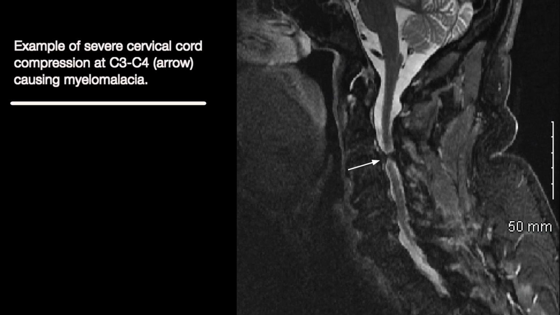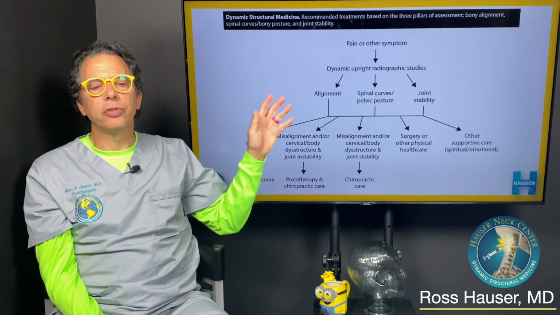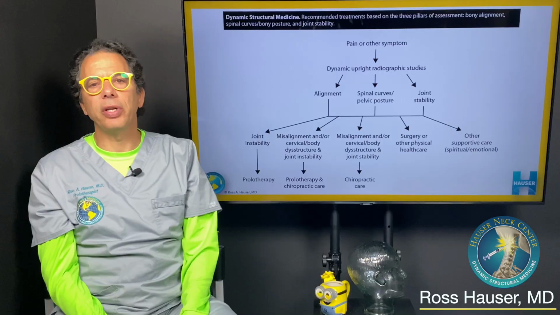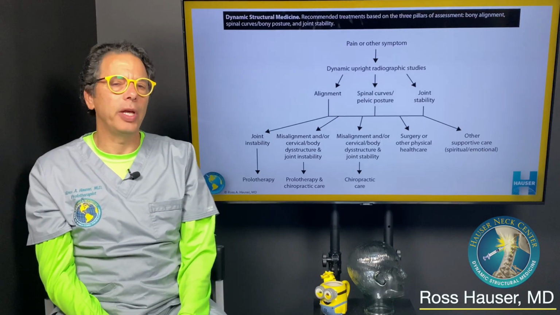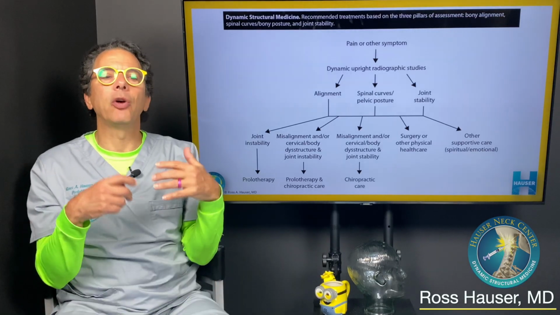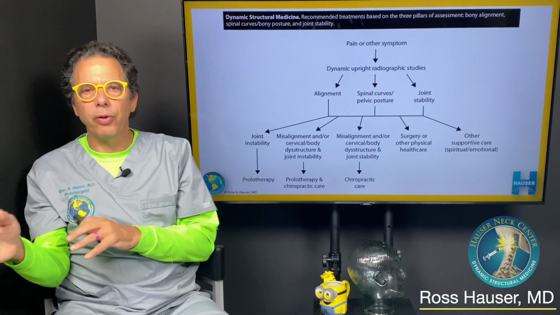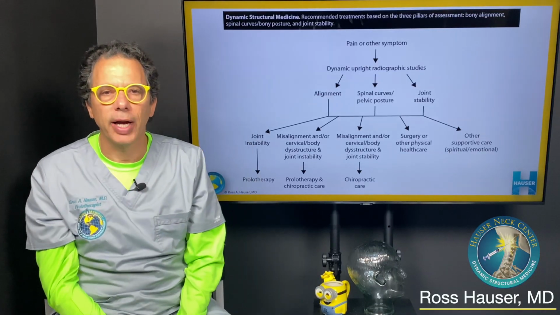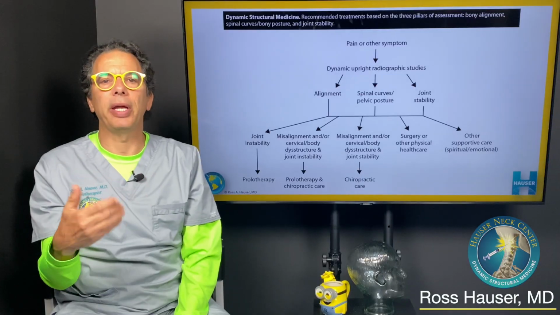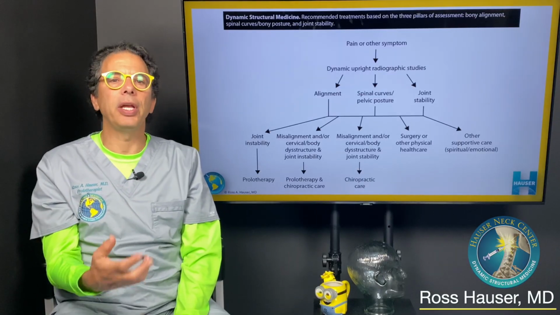And other people, physically, emotionally, or spiritually, need to get that in order. Sometimes the primary thing the person needs to do is some work spiritually and emotionally and be in a good place. So if they're going to do an extensive prolotherapy treatment regime or extensive chiropractic, they're in the right place for healing.